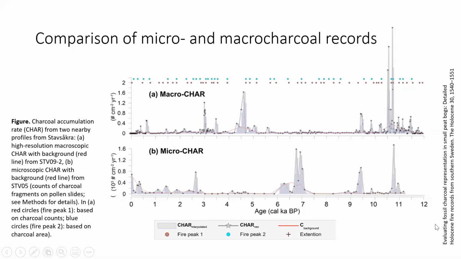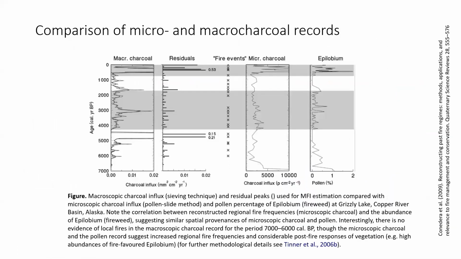So this way you can use different ways to the sedimentary charcoal records to complement each other and get a more reliable record. This is another example where you can see the regional fires indicated by microscopic charcoal, and then more pronounced local fires represented by macro charcoal.